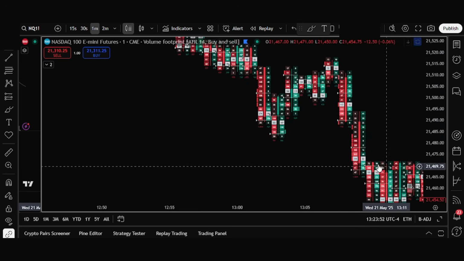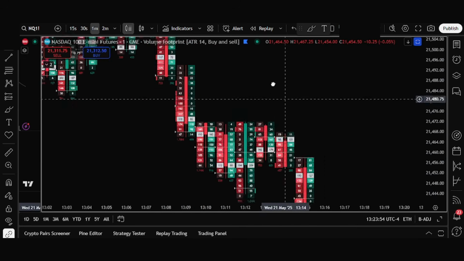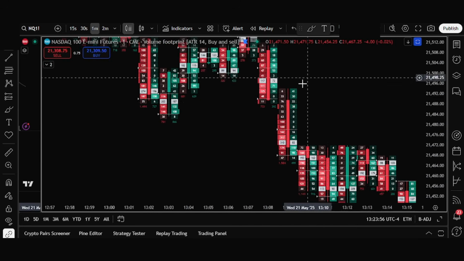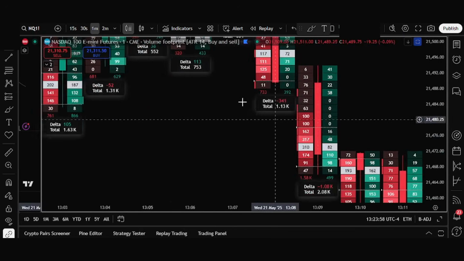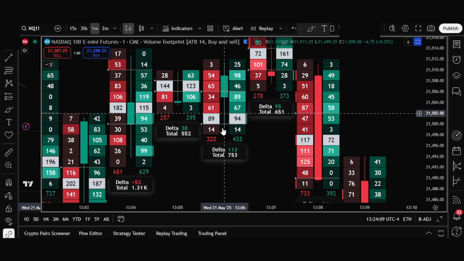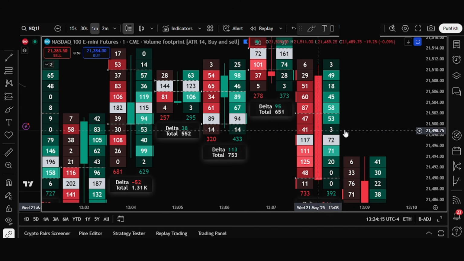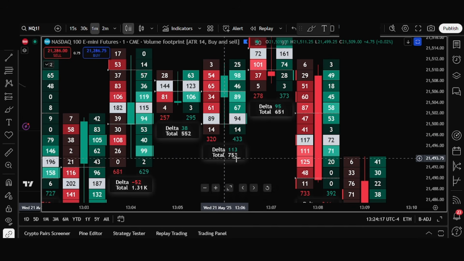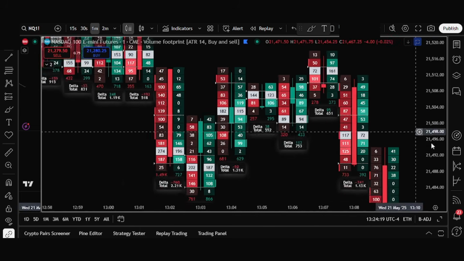Once you click on it, these footprint candles will be opened up, and as you can see, if we zoom in, each candle has the delta, which is the total volume of the buy market orders minus the total volume of the sell market orders. And there is also the total volume of each candle, buy market orders plus sell market orders, that will be printing at the low of this candle.